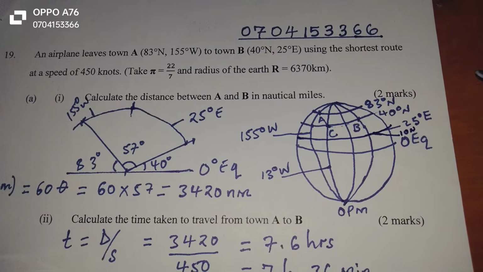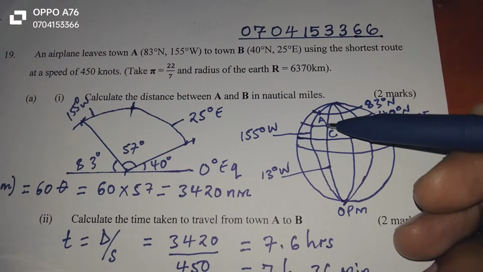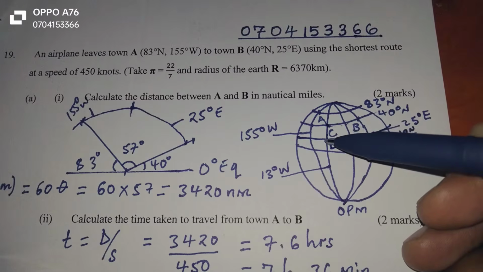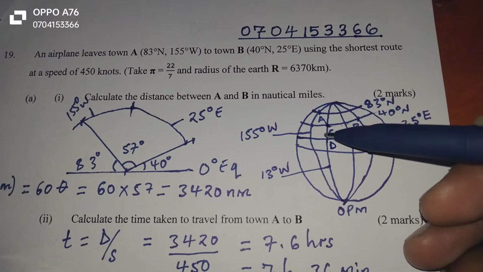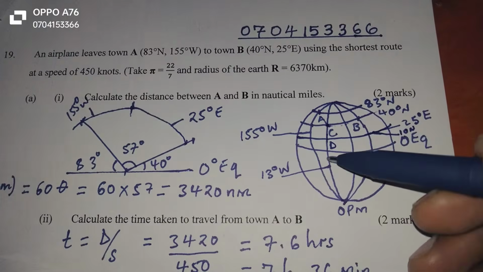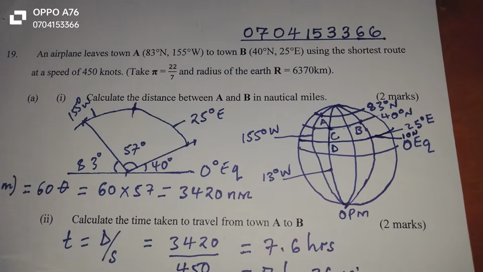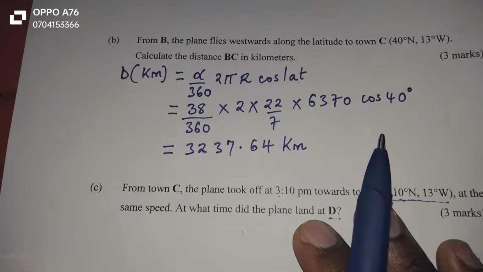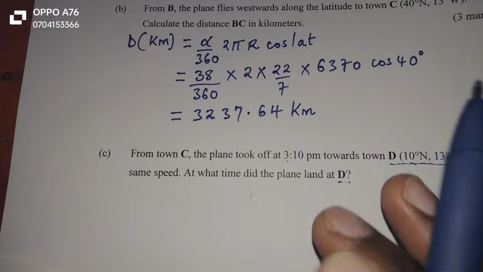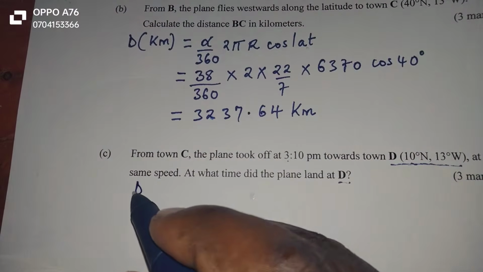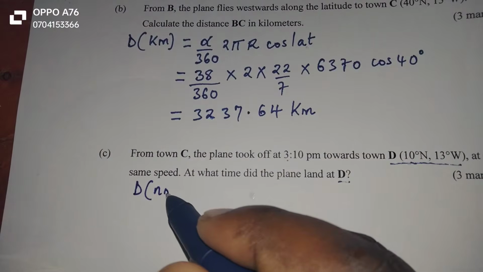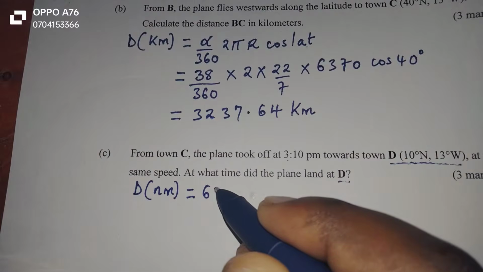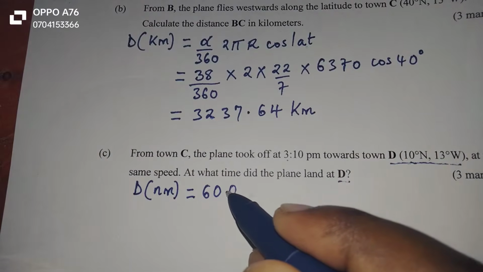Something we should know is that because we're moving from C to D along 13 degrees, then we have moved along a great circle, along a longitude. So the circles of longitudes are called great circles. Now it will be distance along a great circle, but this time round in nautical miles. Distance in nautical miles along a great circle is usually given by 60 multiplied by theta.